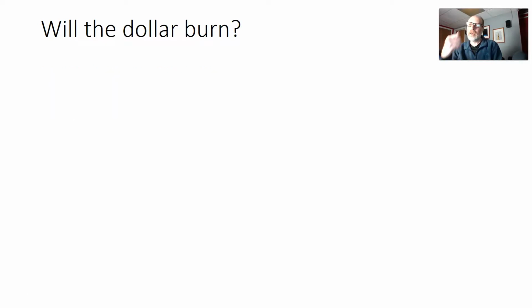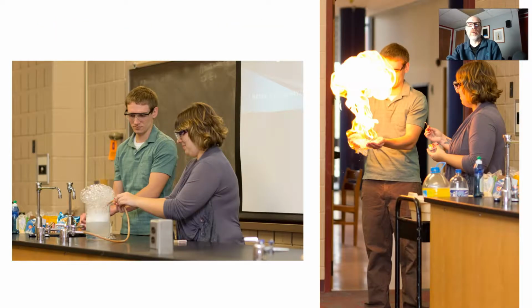So one of the other things that you might have noticed in this particular demonstration is that if you look at the flame in Tim's hands, it turns bright yellow. That can be from a couple of different reasons. Number one, it can be what we call a diffuse flame, meaning that it doesn't have a lot of oxygen around, or the oxygen isn't in the correct proportions, or isn't as prevalent.